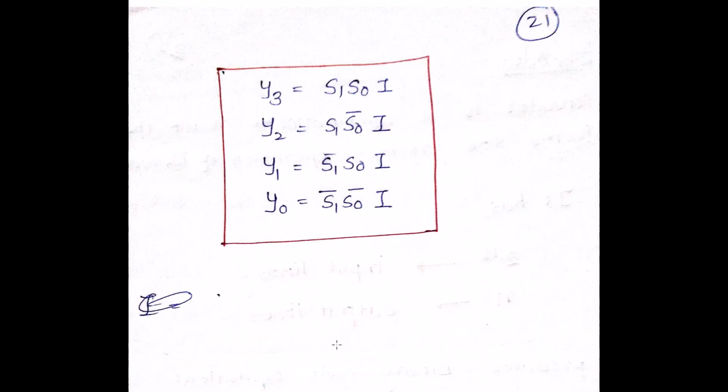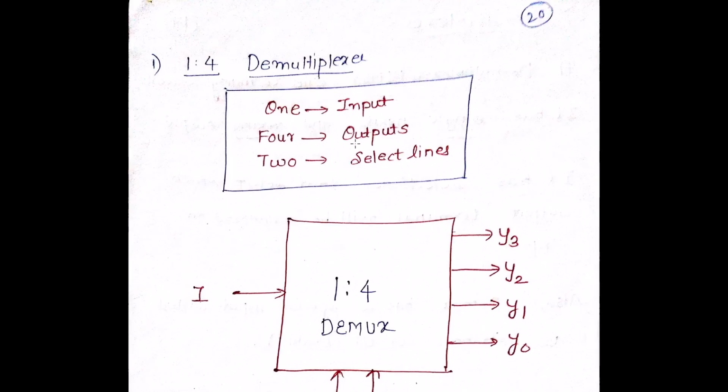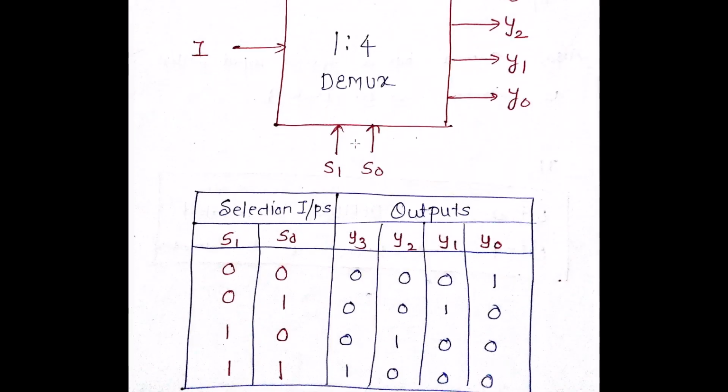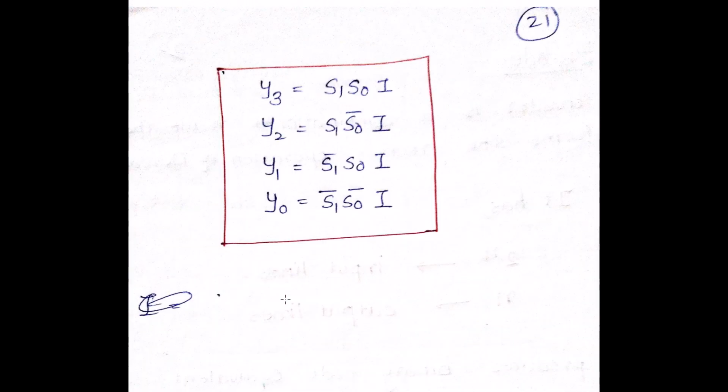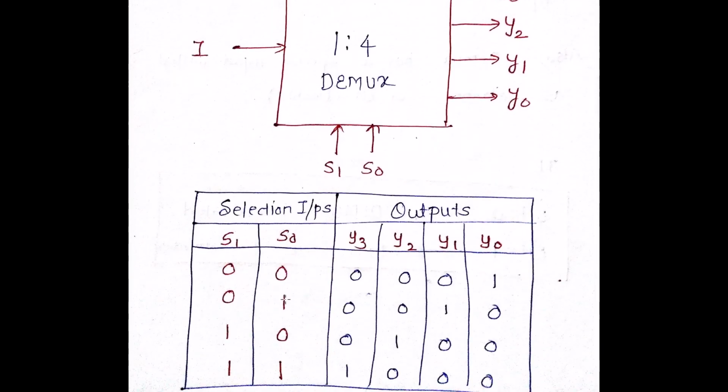So we have such equations: y3 is equal to s1 s0 I, y2 is equal to s1 s0 bar I. How do you write this equation? Basically, a 0 is represented by bar and a 1 is represented by no bar. If I talk about y3, when y3 is 1, my s1 s0 is 1 and 1.